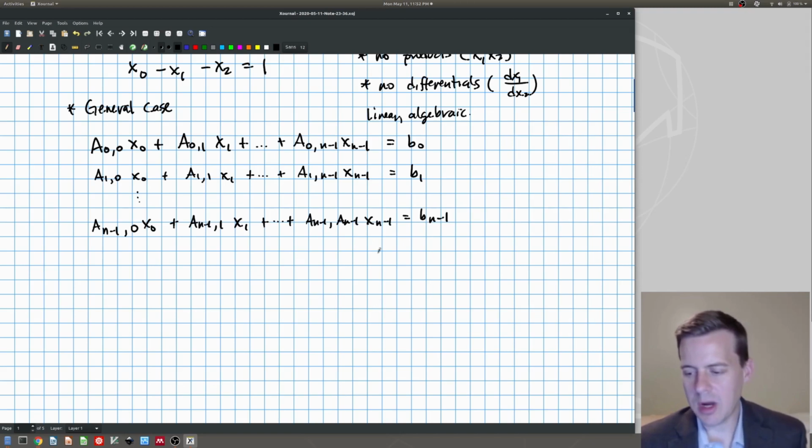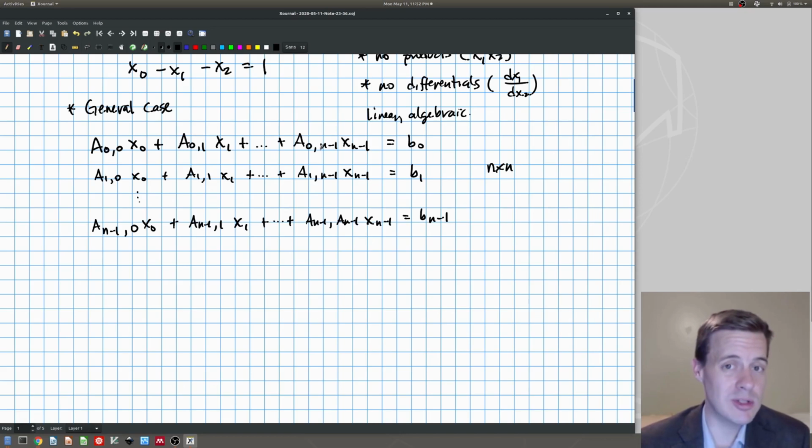All right, so let me point out just a couple things about this. So this system is an n by n system. So why is it n by n, but I go from 0 to n minus 1? Well, I'm counting like programmers count. So I'm going 0 to n minus 1, but there's n of those, so this is an n by n system.